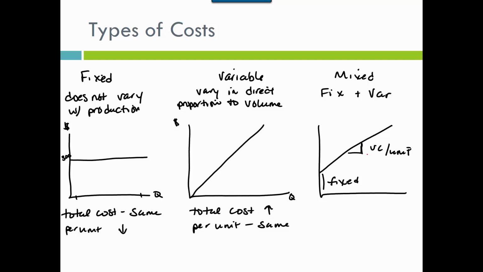I'm not going to make you calculate the slope of the line, so don't worry. But this would be things like sometimes your electric bill would have a fixed component. I need this much just for heating and lighting in the building. And then after that, the more I produce, the more I run the machines, the more my electric bill goes up. So some things have a fixed and variable component.